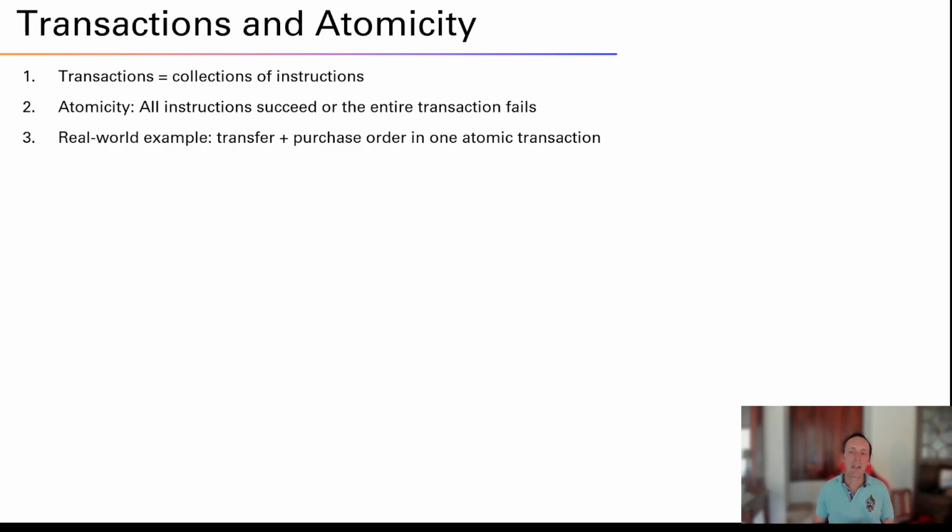And finally, just to give you a real world example, in our e-commerce decentralized application, a single transaction could transfer SOL from the customer to the business. So if you purchased a product from me and you pay with your SOL, the transaction will include that transfer instruction from the system program.